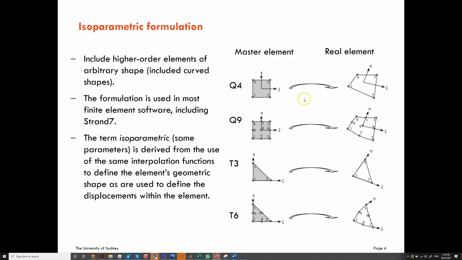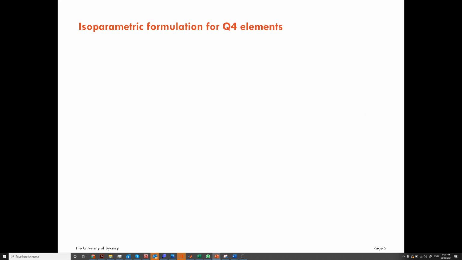So in the isoparametric formulations, every point here corresponds to the parameters of this point, and these parameters define a point in the Cartesian coordinate system. Let's illustrate this method with the Q4 isoparametric element. So this is going to be defined as the master element.